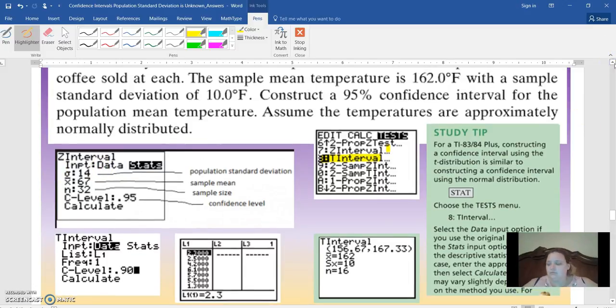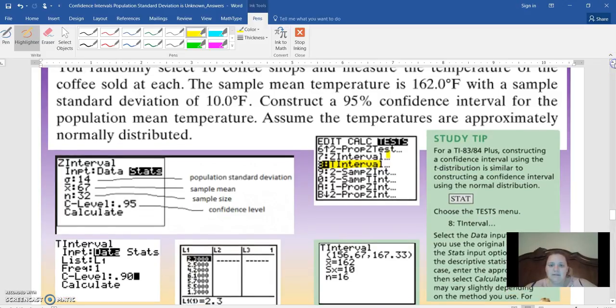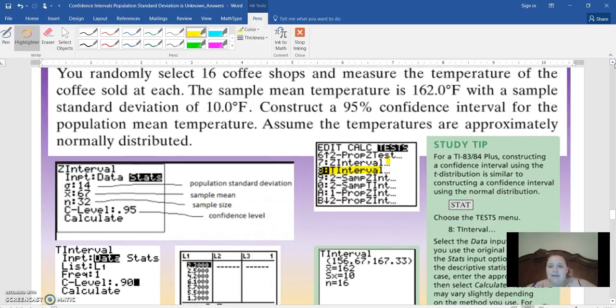So let's do stat, because we're in statistics, tests, go down to t interval. x bar, I'm going to do 162, standard deviation was 10, n is 16, and then 0.95. All right, so what I get is 156.57 and 167.33.